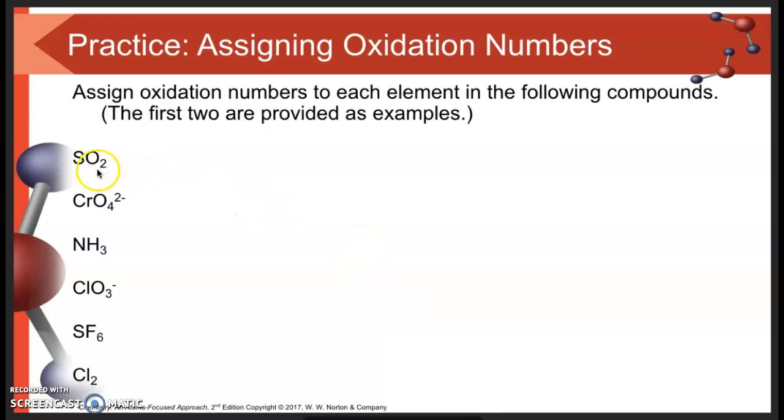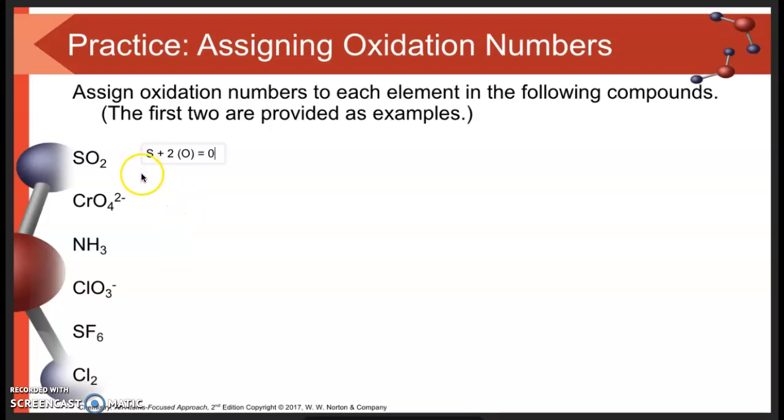So sulfur dioxide, SO2, I can set up a problem where I know algebraically the oxidation state of sulfur plus the oxidation state of 2 oxygen atoms is going to equal the total charge of 0, since sulfur dioxide is not a charged molecule.